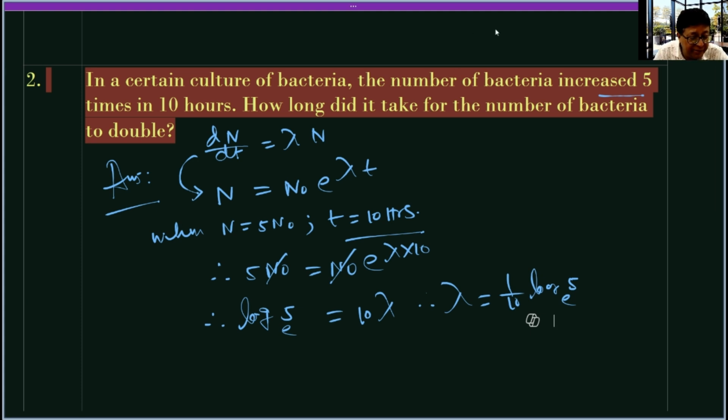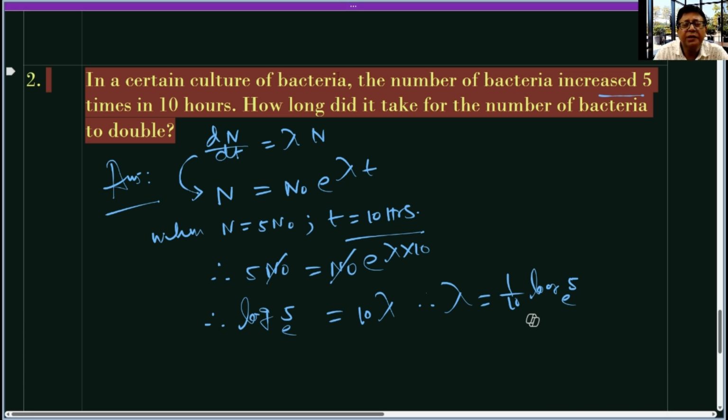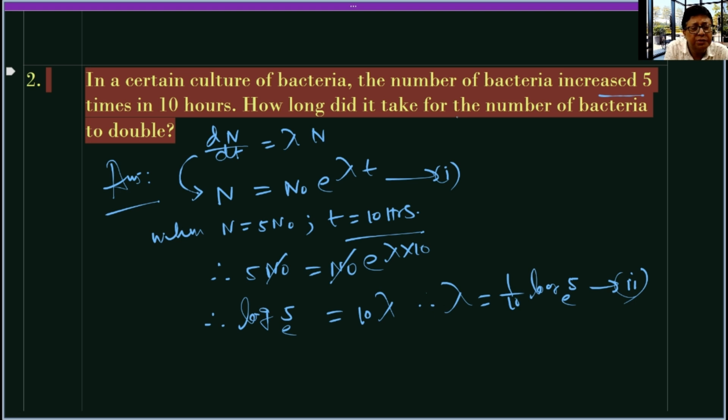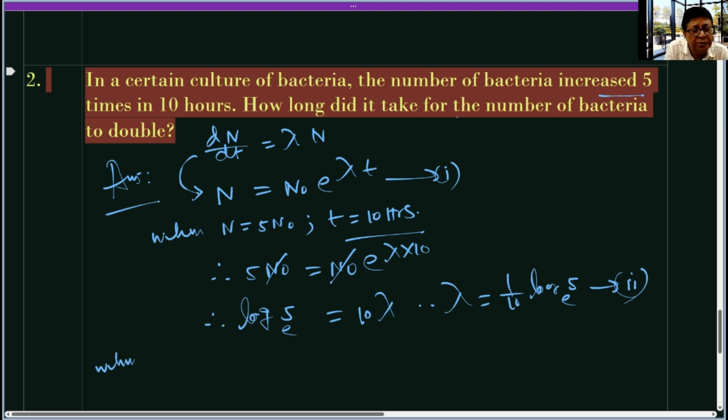So let us write the value of log 5. Log 5 we will do later. Wait. Now let's see how long it will take for the number of bacteria to double. This was number 1. This is number 2. When t equals t dash, let N equal 2N0.